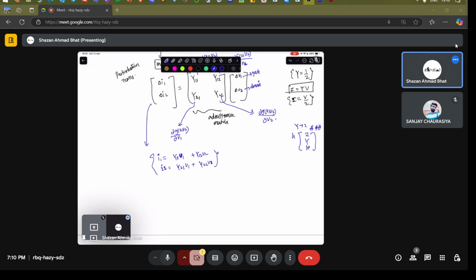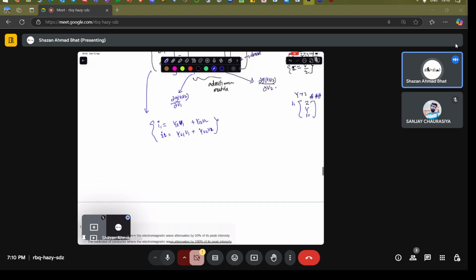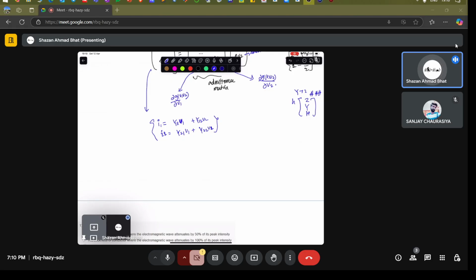You can write these equations directly, and if you want to convert it into a model, you can model it something like this: you have a voltage V1, and you have certain admittance here, which is Y11. Then you have current I1 flowing. Then you have a current source, which is Y12 times V2, a voltage dependent current source.